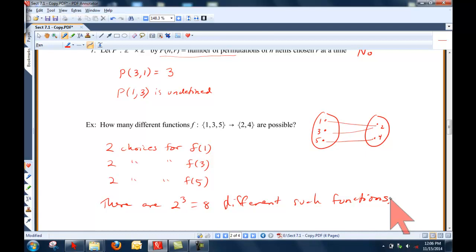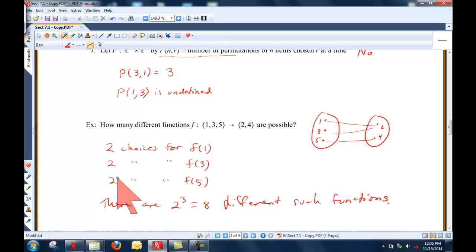Okay, this type of procedure then, or thought process, works for any type of function where the domain and the codomain are finite sets. I can always then just list how many choices there are for each input and how many inputs there are.